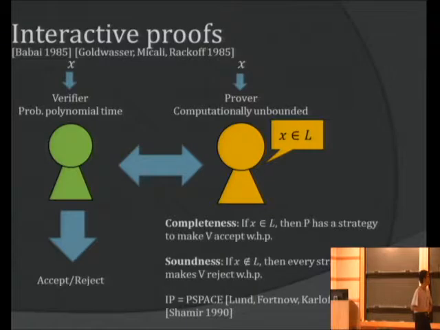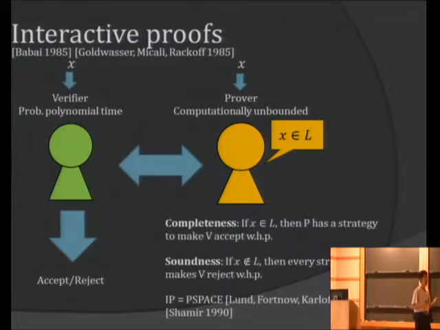So interactive proof is a computational model which characterizes how difficult or how easy it is to verify someone's claim when you can interact with someone who can provide any proof to your question.